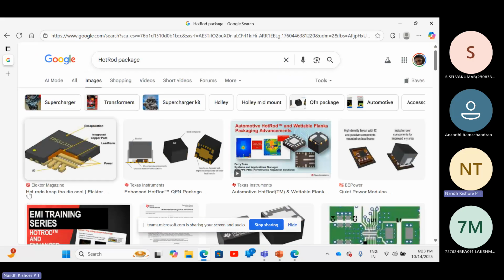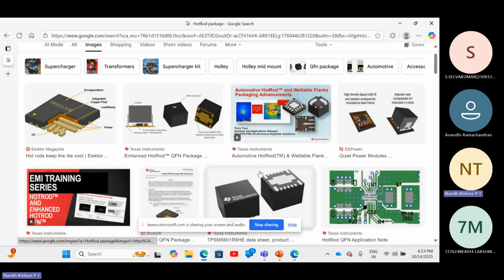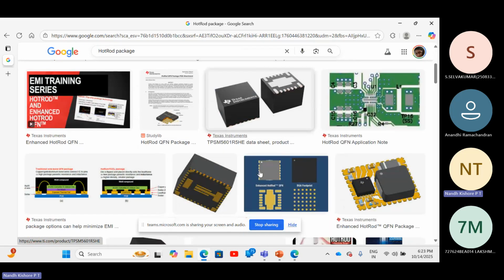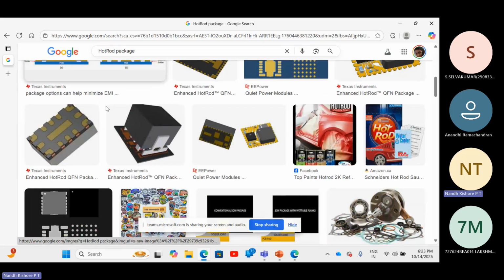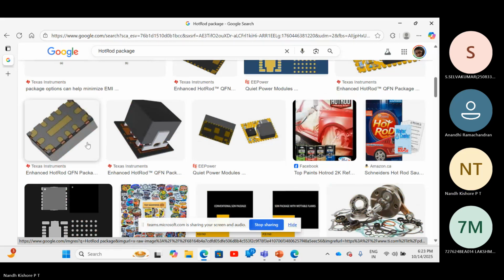You can see over here, hot rods keep the die cool. So the answer to have a compact package and better heat dissipation is the hot rod package. Generally, if you go for smaller and smaller packaging, thermal dissipation becomes an issue, that is, how do you effectively take out the heat. An effective way to do so is this hot rod package.